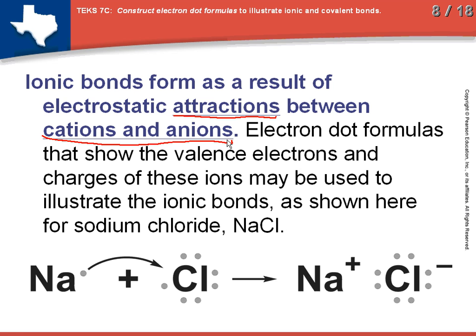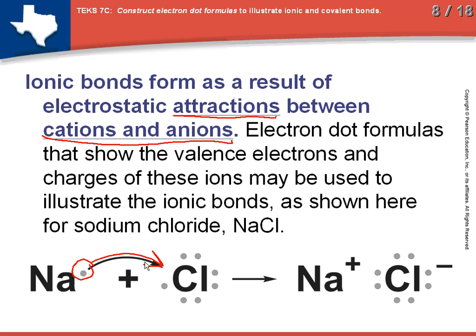Metals, like sodium, want to give away their electrons to nonmetals like chlorine. By doing this, sodium gets a full octet, meaning it has 8 valence electrons and completely full s and p orbitals. And chlorine, by receiving that 1 electron, gets its full octet and full s and p orbitals.